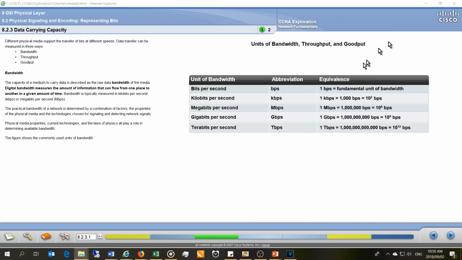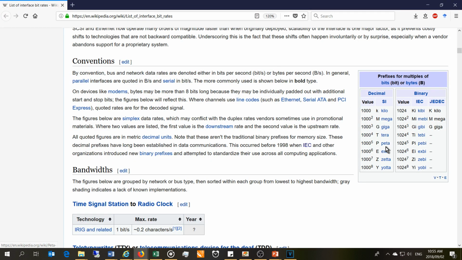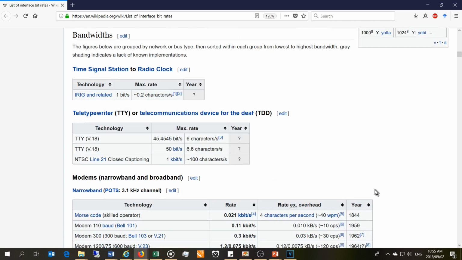So here we come to bits because that's usually to do with transmission and reception of information. Gigabits per second, and then terabits per second. And nowadays we are much higher. We also have petabits per second, and in the future we'll be talking in terms of exa, zetta, and yotta. So these are very, very high bit rates.